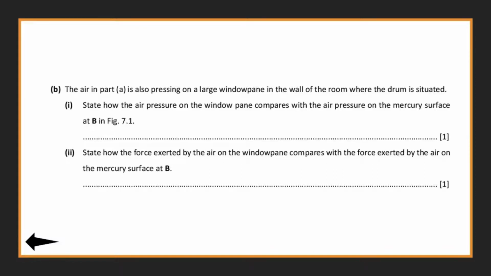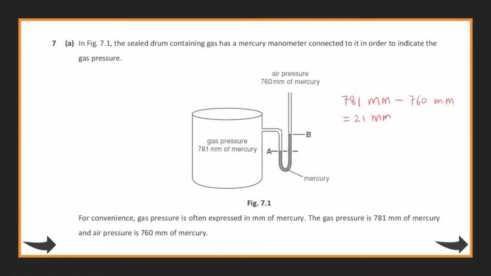Let's take a look at figure 7.1. The mercury surface at B is only pressed down by the air pressure. There is no other pressure on the mercury surface at B.